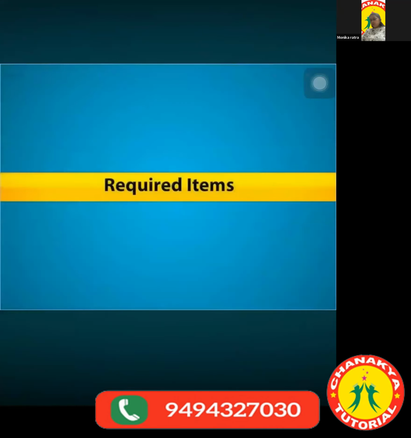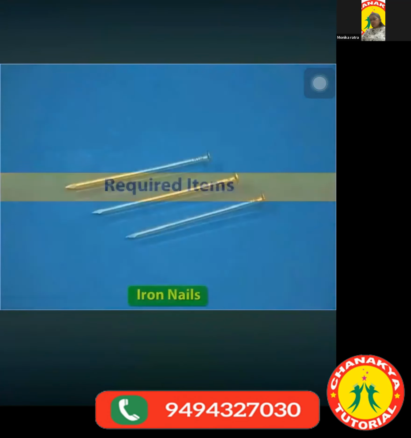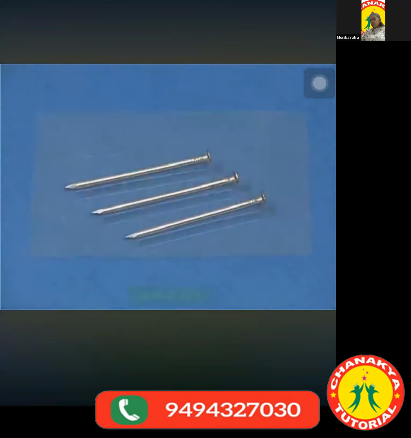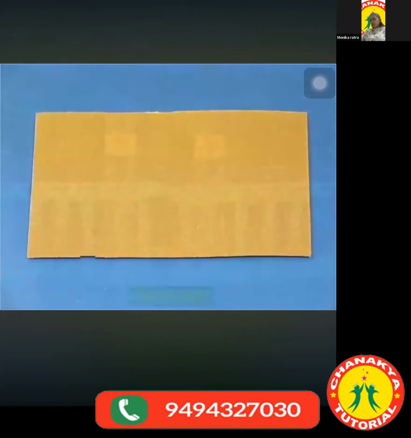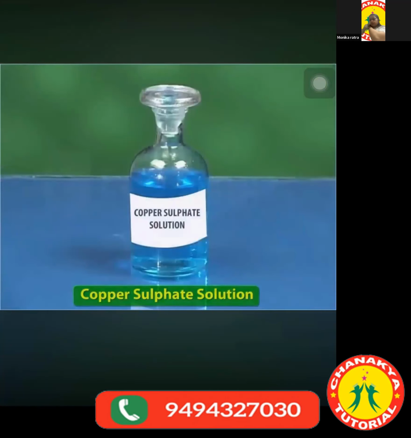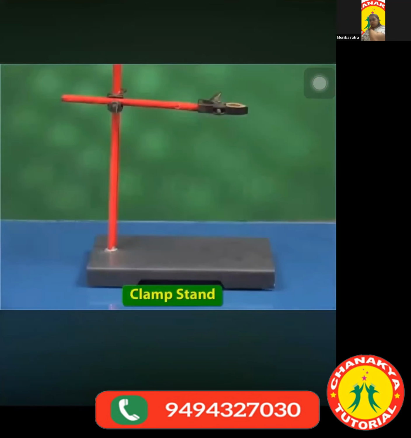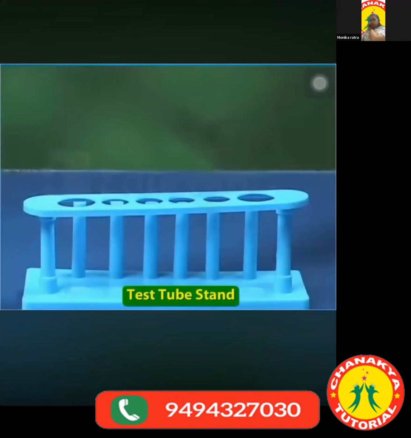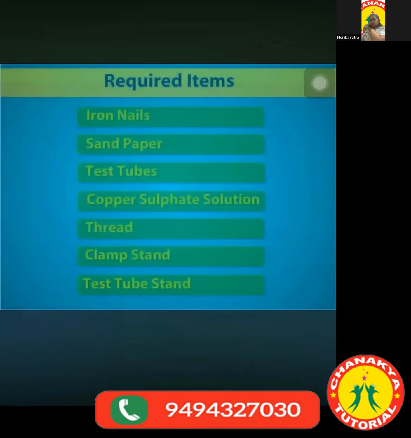For this activity, you will require iron nails, sandpaper, test tubes, copper sulfate solution, thread, clamp stand, and test tube stand. Take two test tubes marked as A and B, and in each test tube pour about 10 milliliter of copper sulfate solution.